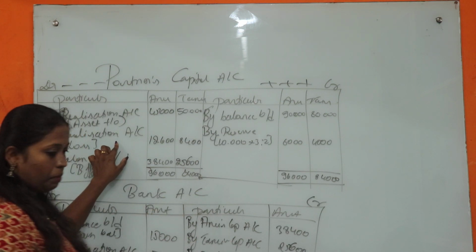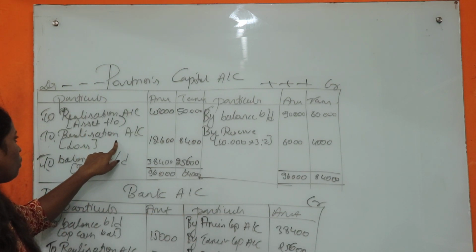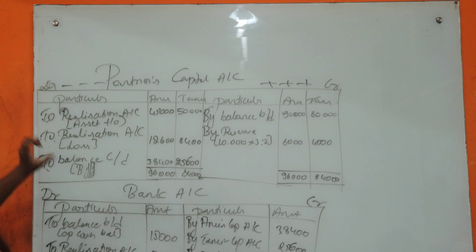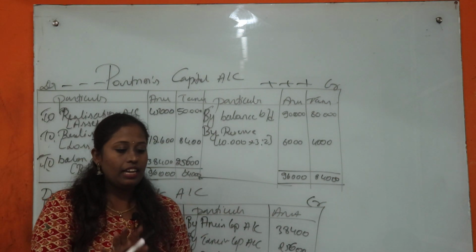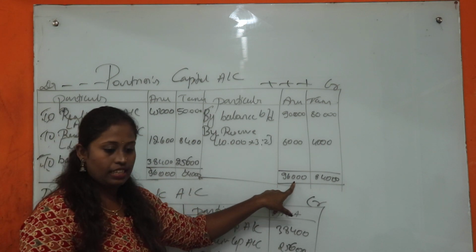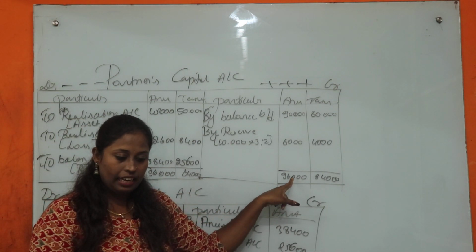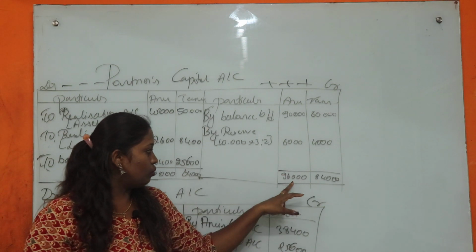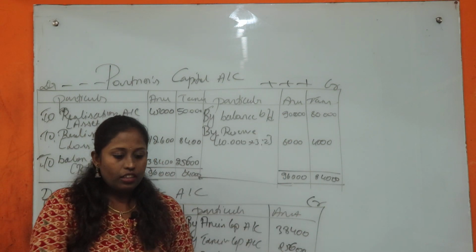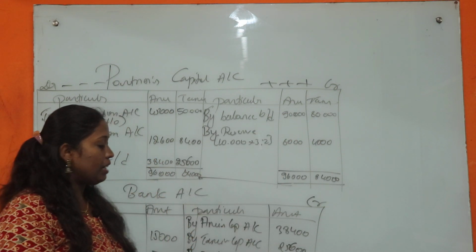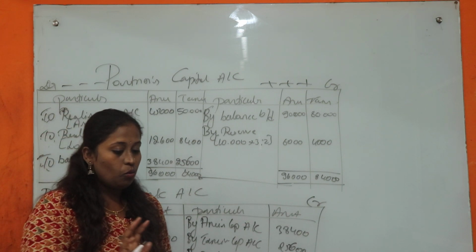Listen over here. If any partner takes over any asset, the firm has to pay Anu 96,000 total. Think, for example, the company needs to pay you 96,000. What will you do?